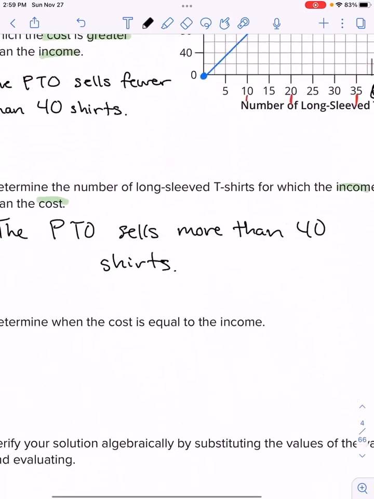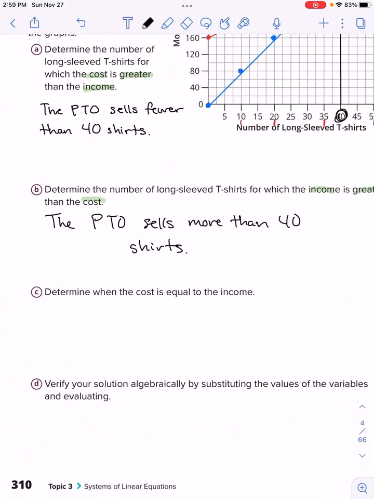So when is the cost equal to the income? It's when we sell exactly 40 shirts.